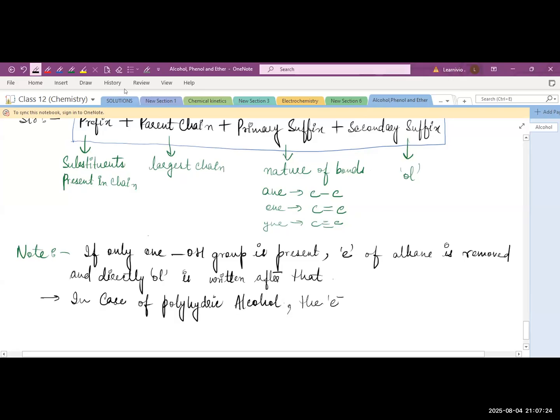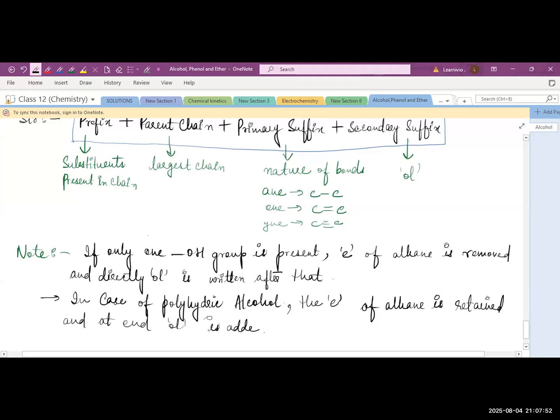The E of alkane is retained, and at the end ol is added.